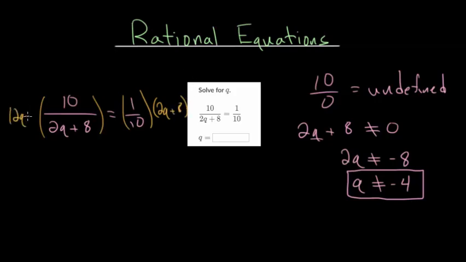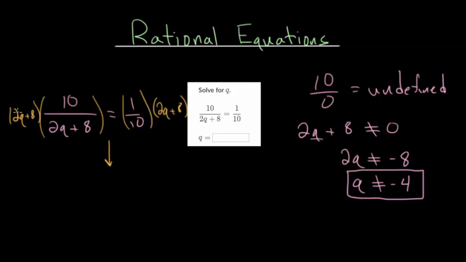So let's multiply each side of this equation by this denominator, this 2q plus 8, and we can do that on both sides. Now, one thing else you can do, you can cancel out this fraction, this division by 10, by multiplying each side by 10. So in more difficult problems, you'll likely just do that in one step, but in this problem, I'll do it step by step.